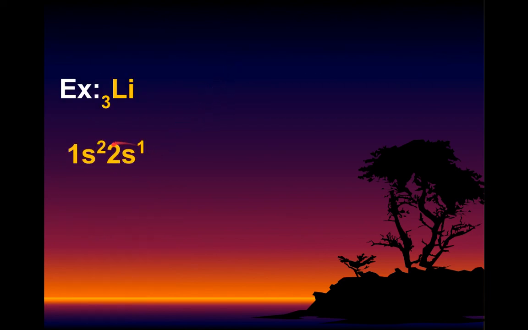So you notice here we say 1s because that's the orbital, and this little exponent is just telling you how many electrons are in that orbital. So there are 2 electrons in the 1s orbital and 1 in the 2s orbital. Add them up and you get 3. Let's look at another example. It'll start to make more sense.